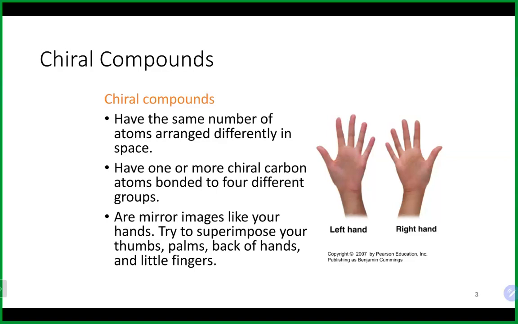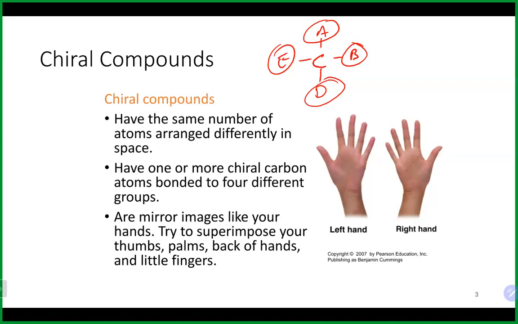So if something has 4 different groups attached to it, say you have a carbon, and I'll just use the alphabet here, and we'll use D in this case, E. So if we have 4 different groups attached to that carbon, that is what is referred to as a chiral carbon, and that would be a chiral compound.